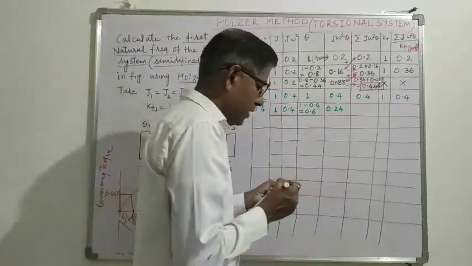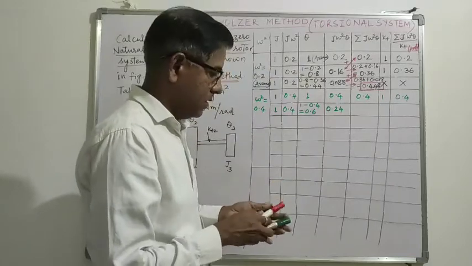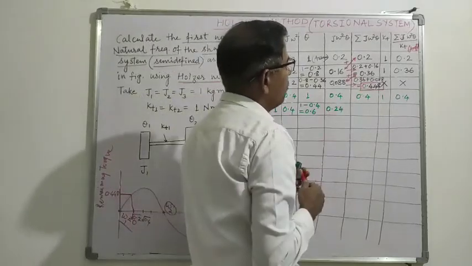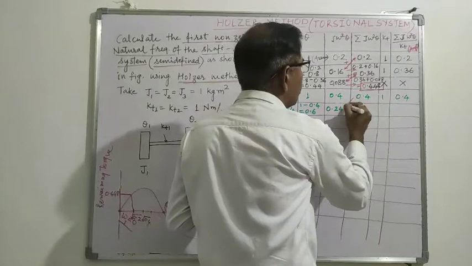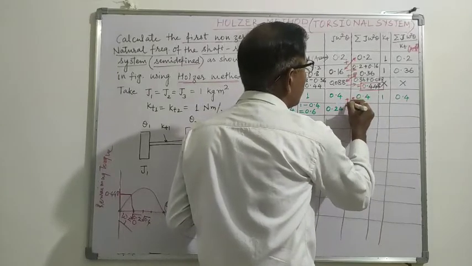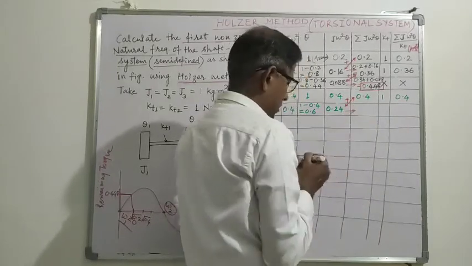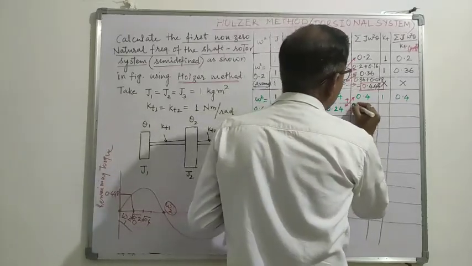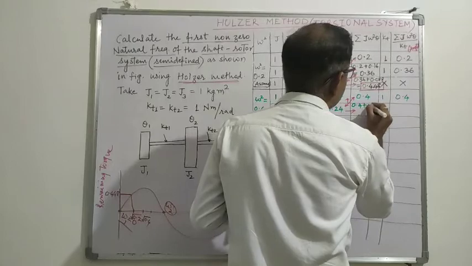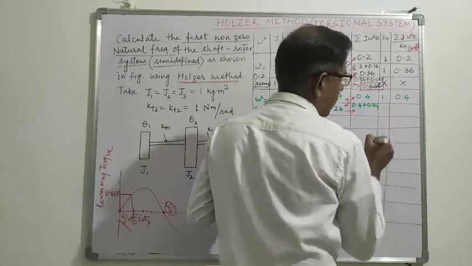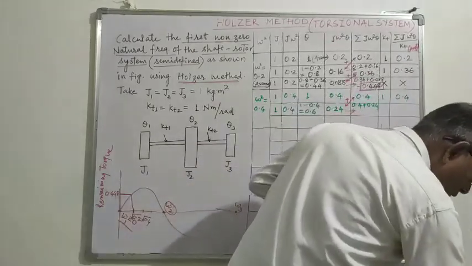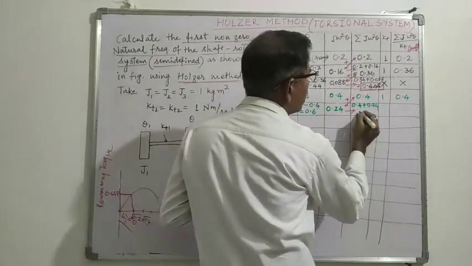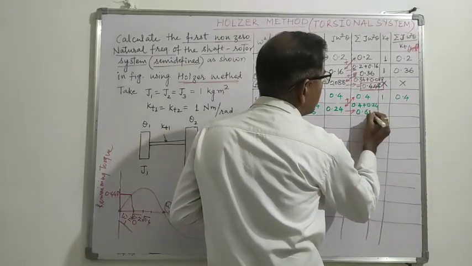And here summation of J omega square theta, that means we need to add these values and write down over here. So 0.4 plus 0.24, the answer is 0.64.